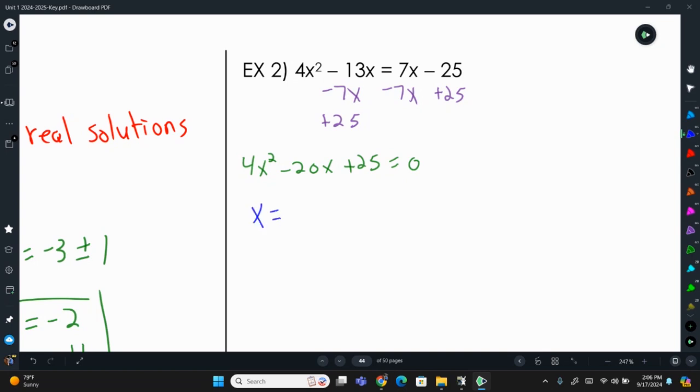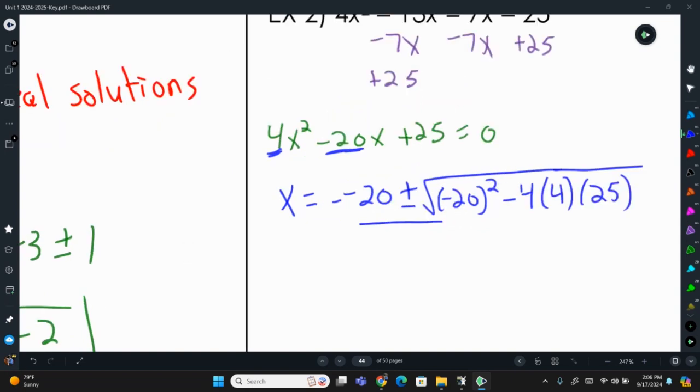X equals negative b, so negative 20, plus or minus the square root of b squared, so negative 20 squared, minus 4 times a, which is the number in front of x squared, so 4, times c, which is 25, all over 2 times a, which was 4.